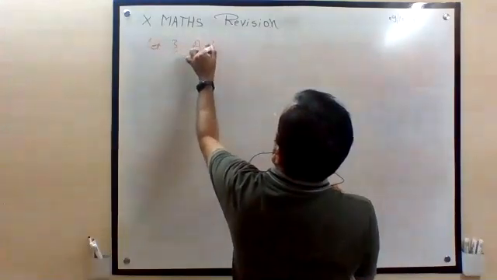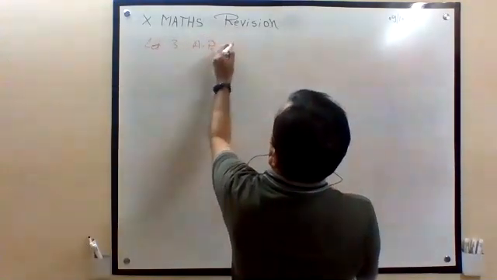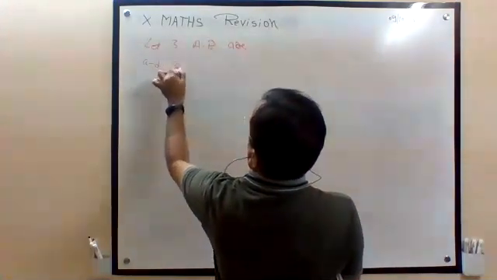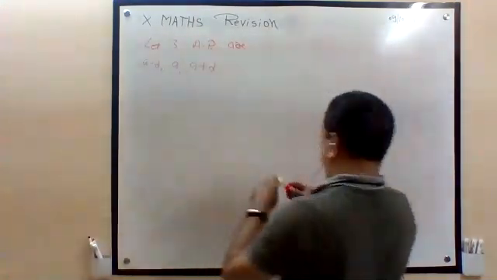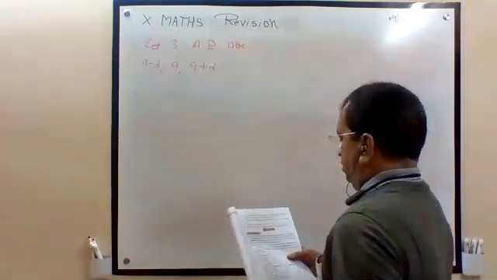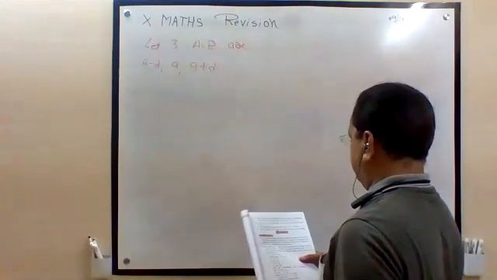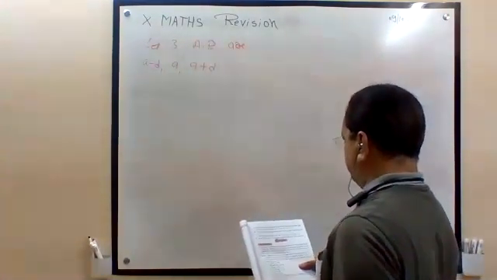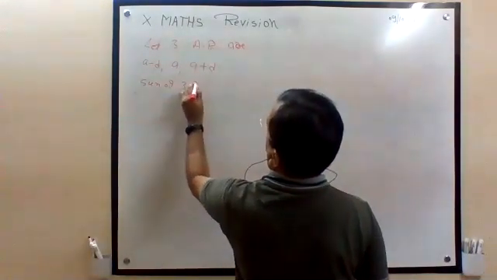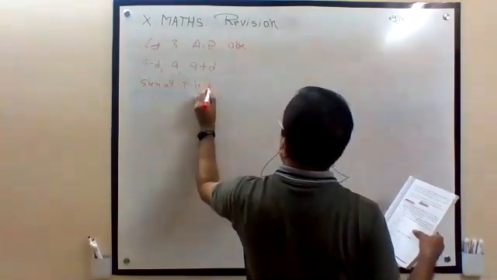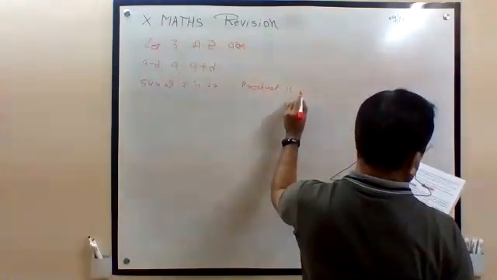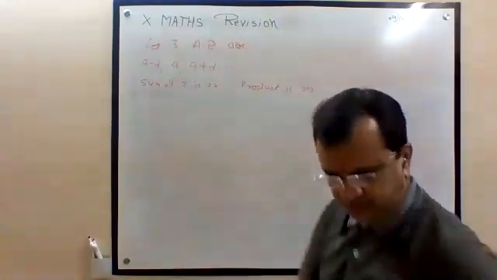Let the 3 terms of the AP be A minus D, A, A plus D. Always the middle one you have to consider A. Sum of 3 is 27 and their product is 504.